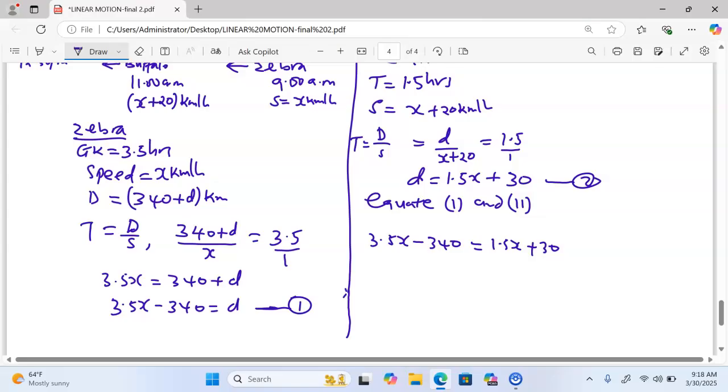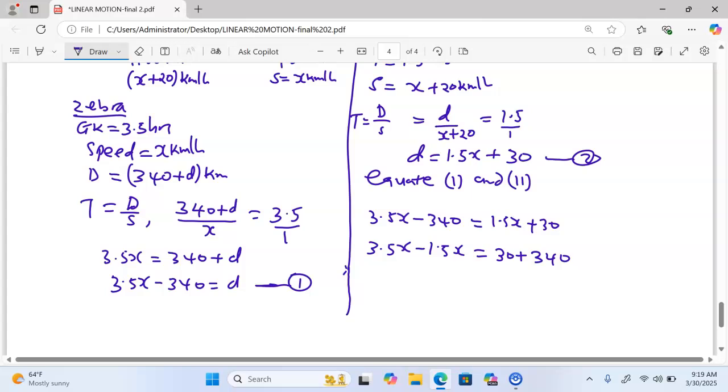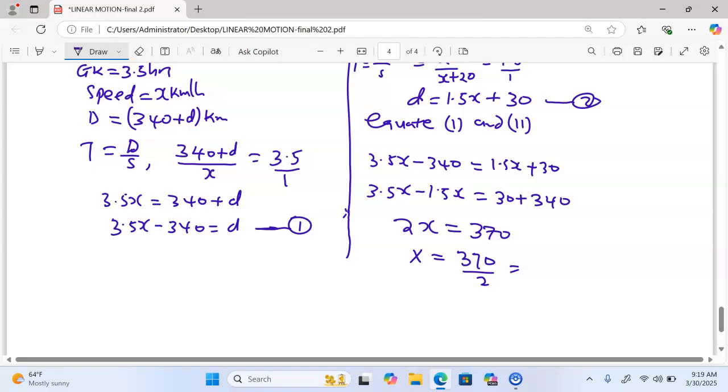Collecting like terms together, we have 3.5x minus 1.5x being equal to 30 plus 340. 3.5x minus 1.5x gives us 2x being equal to 370. To get x, we divide both sides by 2. So 370 divided by 2 will give us 185.